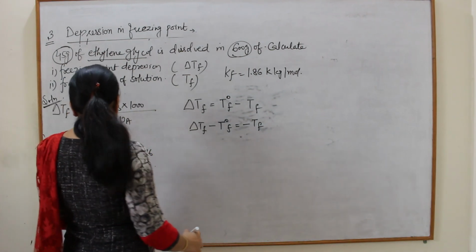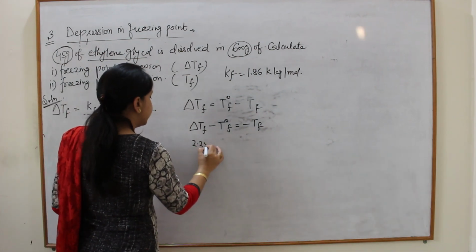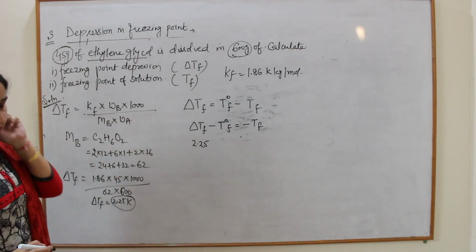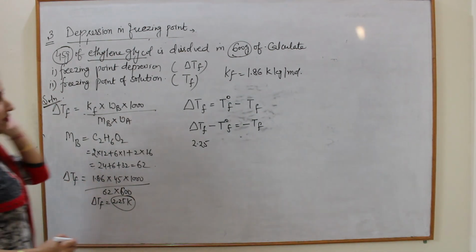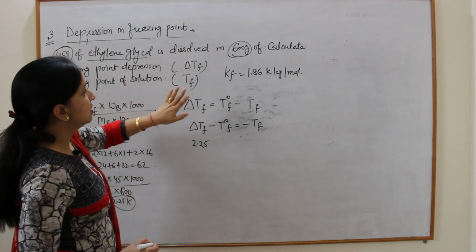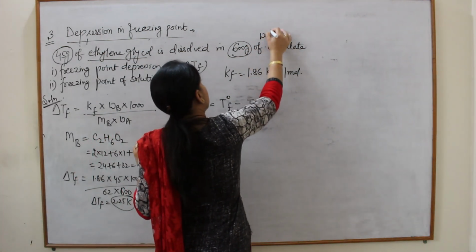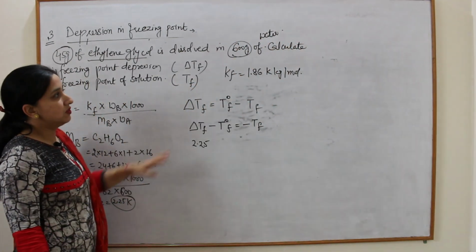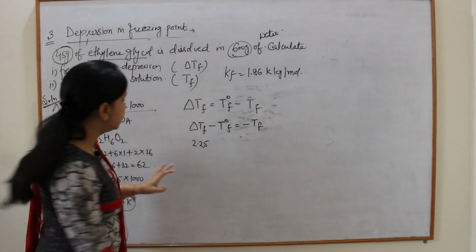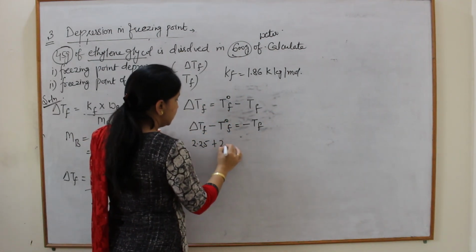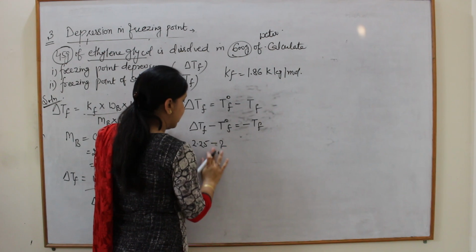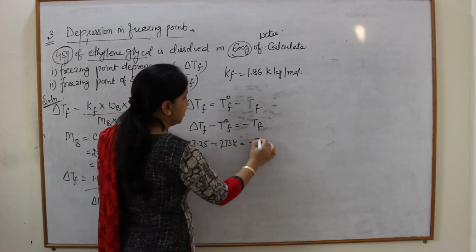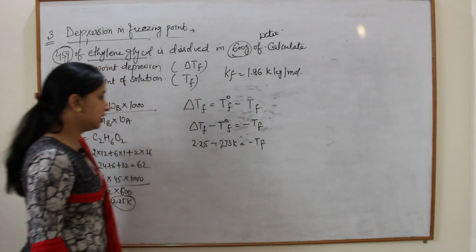So delta TF means 2.25. The solvent here is water, so the freezing point of water is 0 degree Celsius, which means 273 Kelvin, will be equal to minus TF.